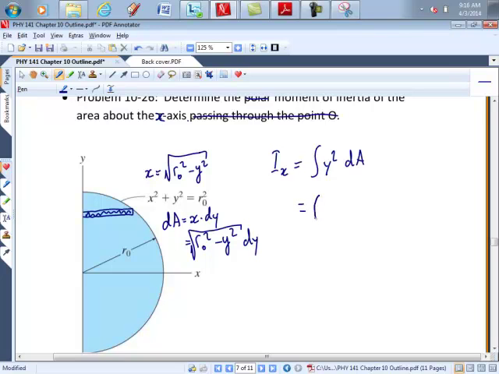So this is going to be the integral of y squared root RO squared minus y squared dy between y equals, oh sorry, y equals negative RO and positive RO.